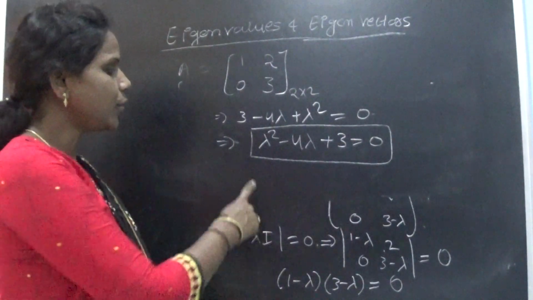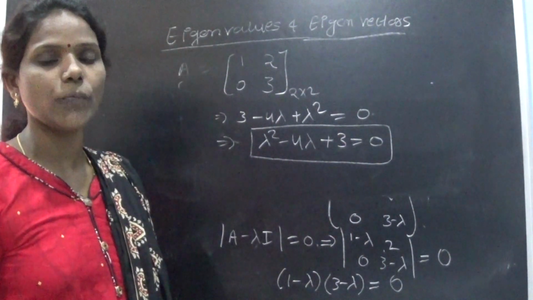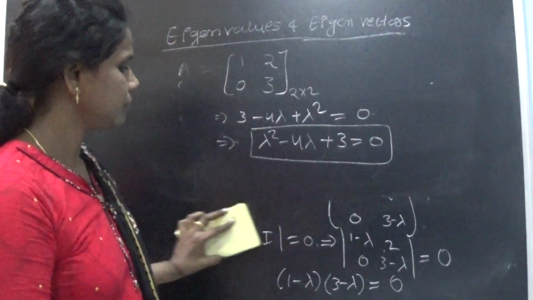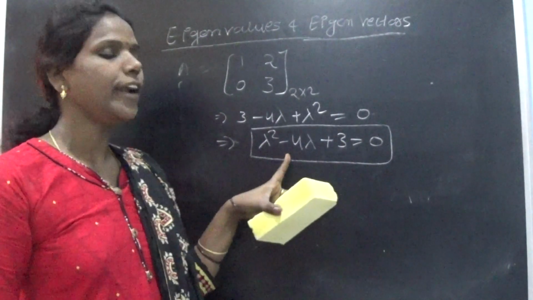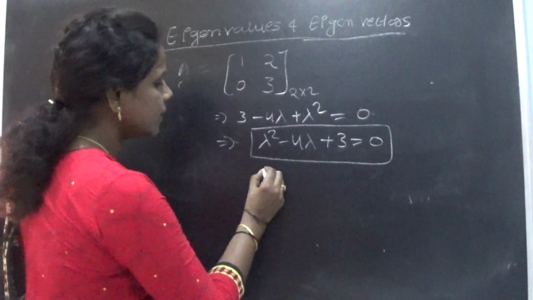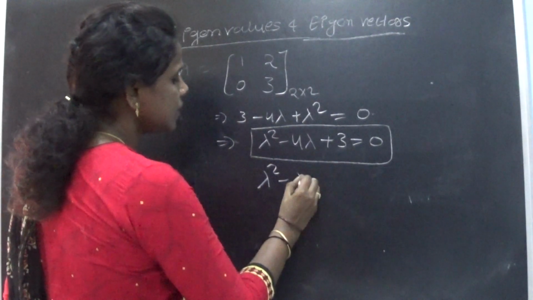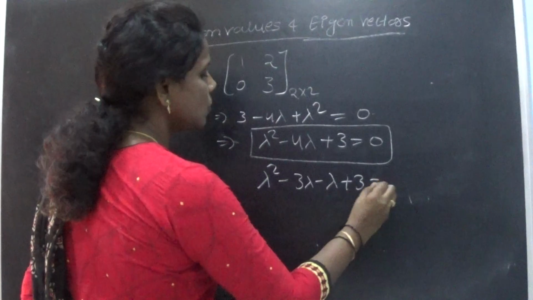Now if you find the roots of this equation, those roots are called the eigenvalues of the given matrix A. We know how to find the roots of this quadratic equation. Here it will be factorized as lambda square minus 3 lambda minus lambda plus 3 is equal to 0.